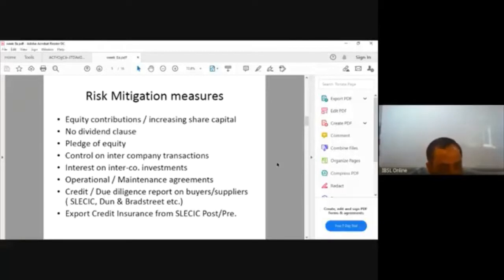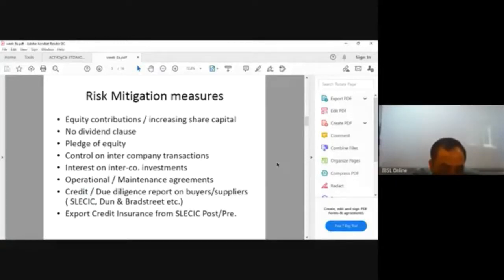They will give the publicly available information, collated, to us. That will show whether the company has a reputation, a brand name in the market, whether you can rely on that, right? So you get that kind of indication from the due diligence report on buyers or suppliers from these international agencies.